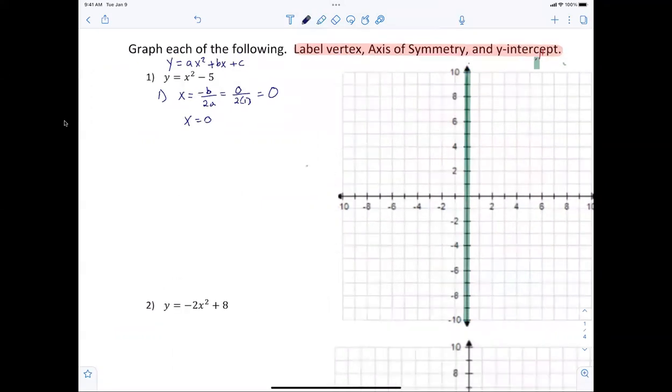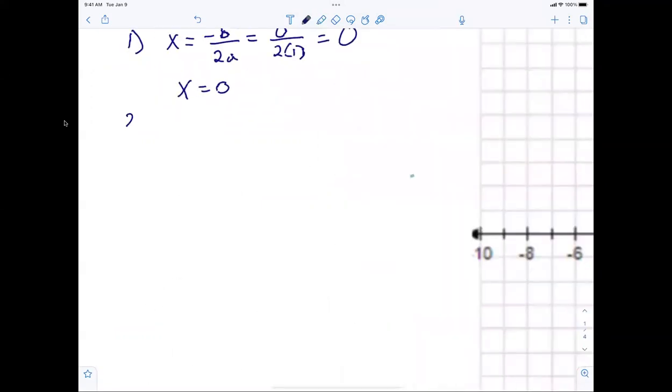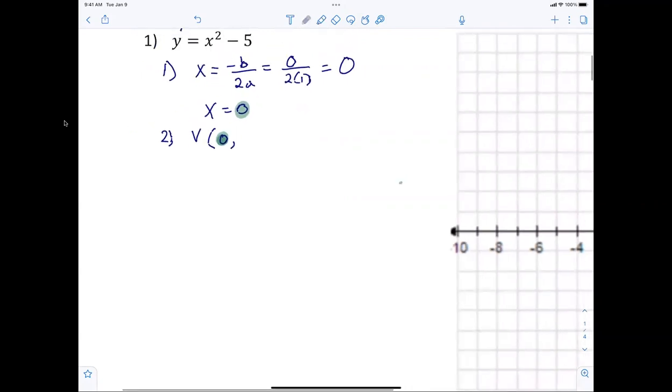Now what we want to do is find the vertex. So to find the vertex, your vertex is going to be 0, comma. Now, how did I know it was 0? Because it was the x coordinate from the axis of symmetry. And then you just plug 0 into the function. So y equals 0 squared minus 5.